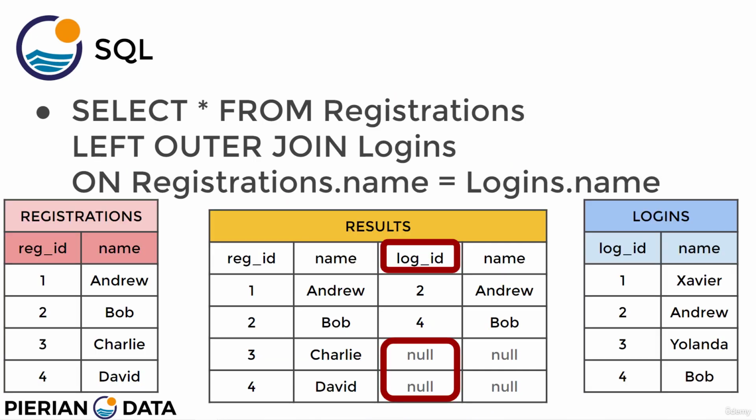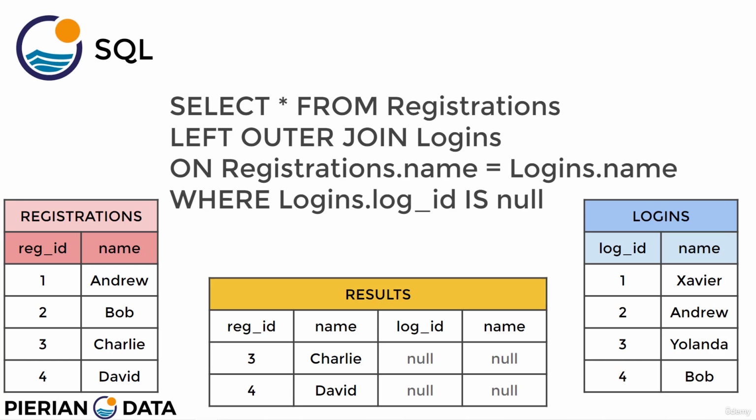So recall this was our previous query. This is just the left outer join, registrations and logins. And if we take a look at the login ID column, we notice we have those null values. So what we're going to say here is go ahead and grab where logins.logid is null.